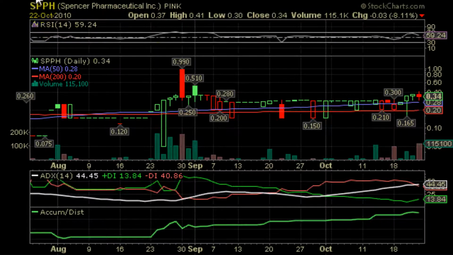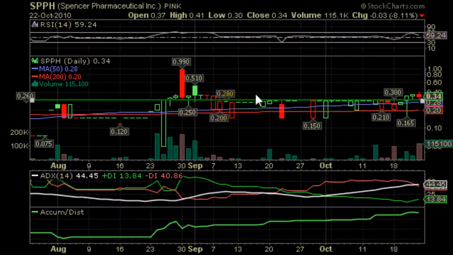Our first step for the day is to identify the lines of support and lines of resistance. As we can see, lines of support with this stock is pretty simple. Old resistance was right here at 0.28, and once old resistance is broken, it becomes new support.